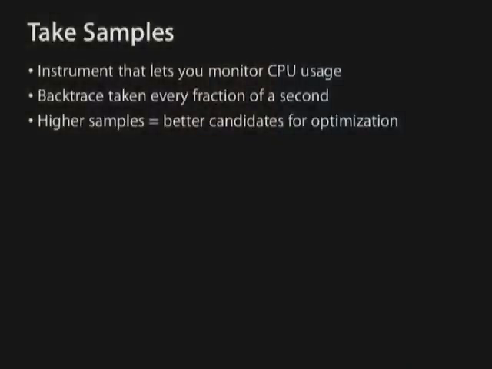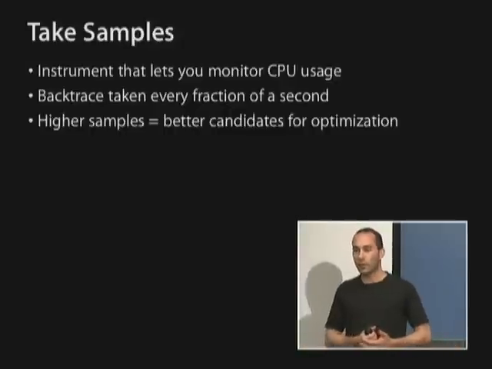And then the last thing here is to take samples. Another one of these instruments that are really handy is the CPU sampler. CPU sampler will periodically, I think 10 microseconds is the default, or 100 microseconds, or some number, go and take a backtrace of your application, and then it builds a graph of where you're spending most of your time. The reason that sampling is important is that you don't want to just blindly start optimizing your application.